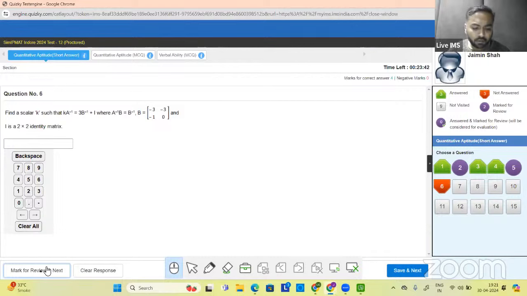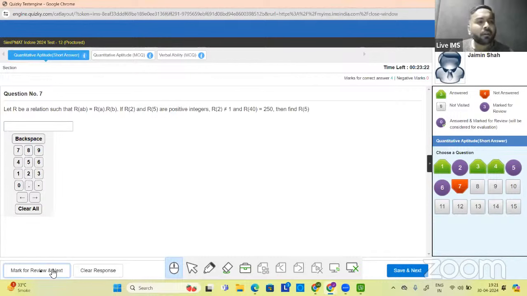Okay. So basically I know B inverse तो निकल जाएगा. ठीक है, मतलब I can do manual calculation, but ठीक है, it might take time little bit.